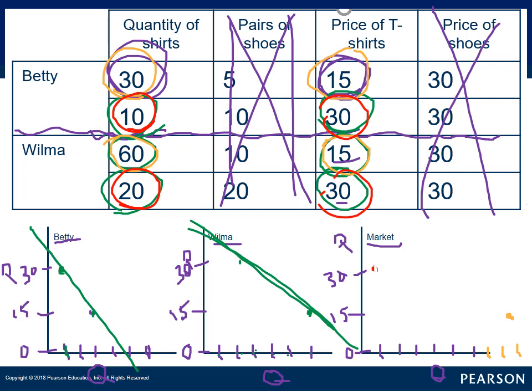So at the $30 price range, what I have circled here in red, it's actually going to be 30 shirts as well because 10 plus 20 is 30. So we need to actually move that mark over 10, 20, 30 up to the 30, and then our market demand curve for t-shirts is going to look like that. So you can see how it shifts a little bit when we include both Betty and Wilma's individual consumer demands to make the full market demand curve.